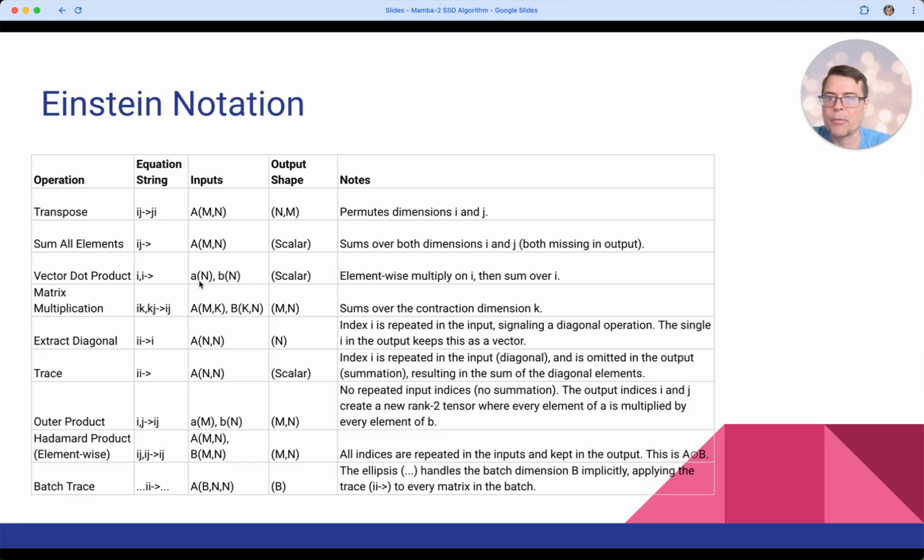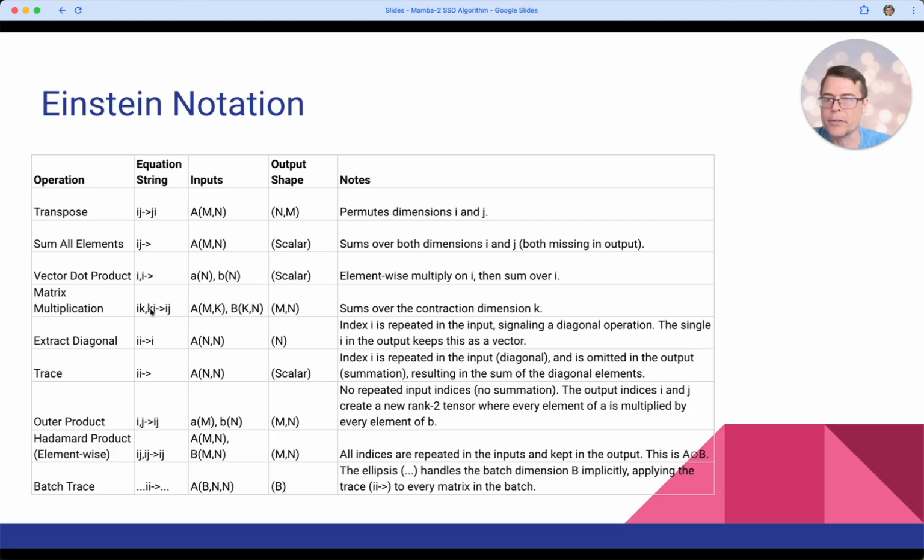If you want to do a dot product, the notation is saying, hey, there are two tensors which each have a single dimension, and you take the i and the i here, you multiply them together, and then you add everything up and produce a scalar. If you see the same dimension repeated on both tensors, or in more than one tensor, it's basically saying that you contract the tensor along that dimension, or basically think multiply and then add up.